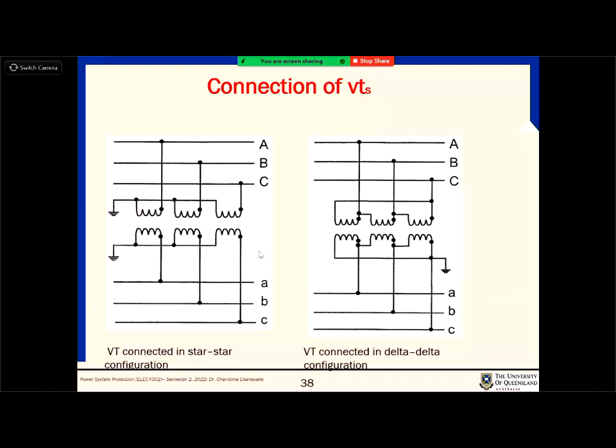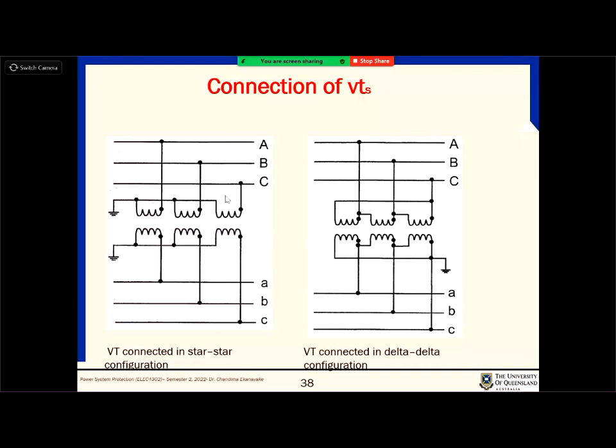In this case, one of your voltages will be 0. But here, the neutral point is ground. So in this delta connected system, you can see that the primary is not grounded because we can't ground it; it's a system.